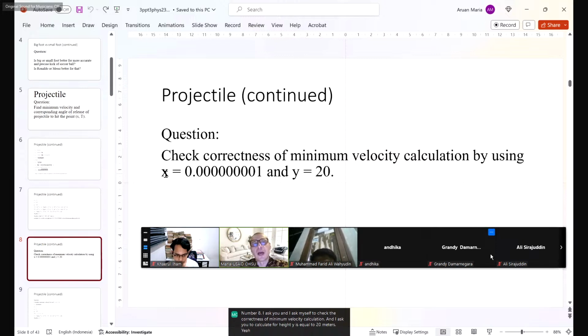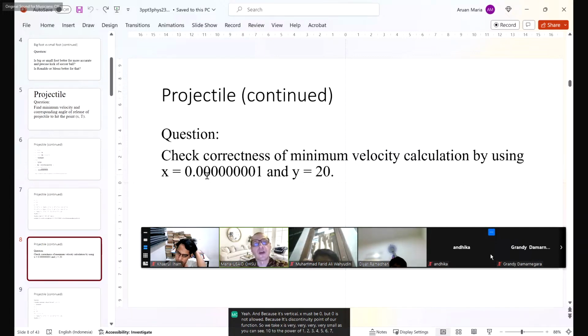Because it's vertical, x must be 0, but 0 is not allowed because it's a discontinuity point of our function. So we take x very, very small, 10 to the power of minus 9, so 1 nanometer. And y is 20 meters.